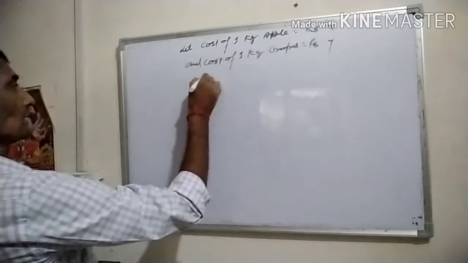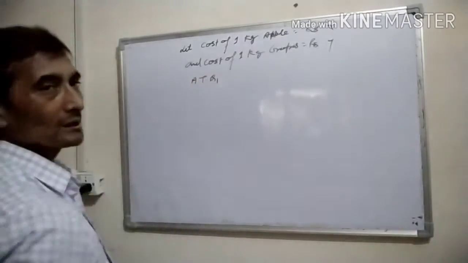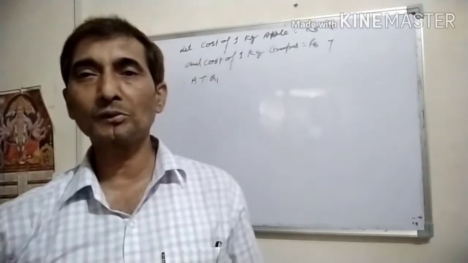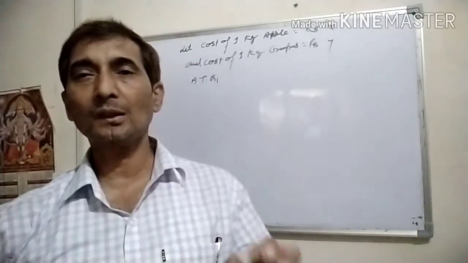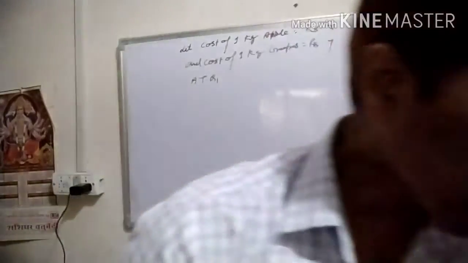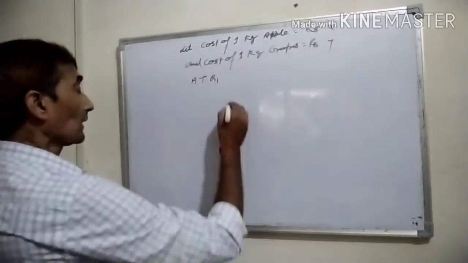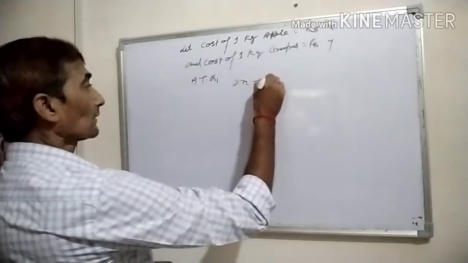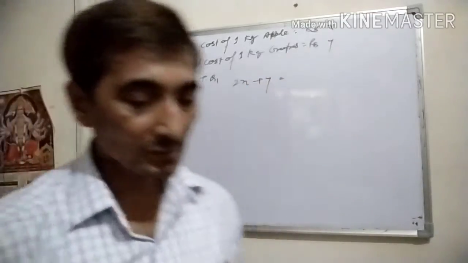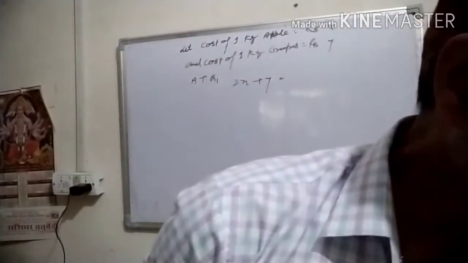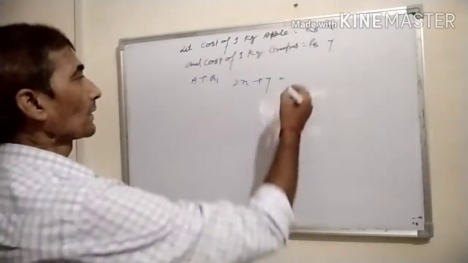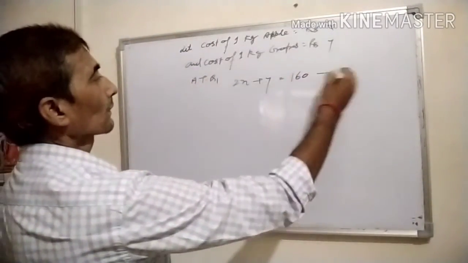Therefore, ATQ 1, according to the first condition of the question, 2 kg apples and 1 kg grapes, that means 2x plus y is equal to 160. First equation.